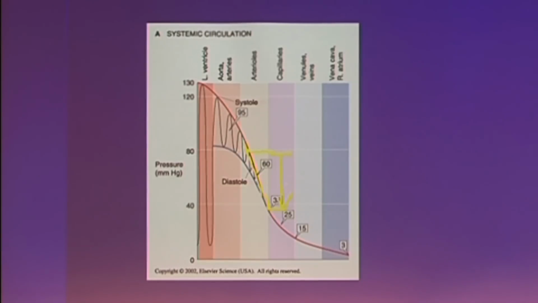So most of the work that the heart does is done to overcome the resistance in the arterioles. And that makes perfect sense, because arterioles are the last station before the capillaries. And arterioles regulate what gets into capillaries.